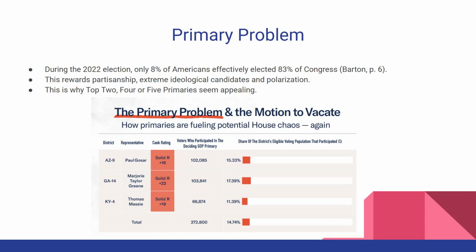So, to reiterate, the idea behind jungle primaries is that it would disincentivize the extremes, reduce partisanship, and incentivize candidate moderation, leading to a more functional, representative, accountable, and responsive government. These were the main talking points of people such as Nick Troiano, Unite America, Arnold Schwarzenegger, and Abel Maldonado, for instance. They say it would be the key to a more functional, representative, accountable, and responsive government for all.